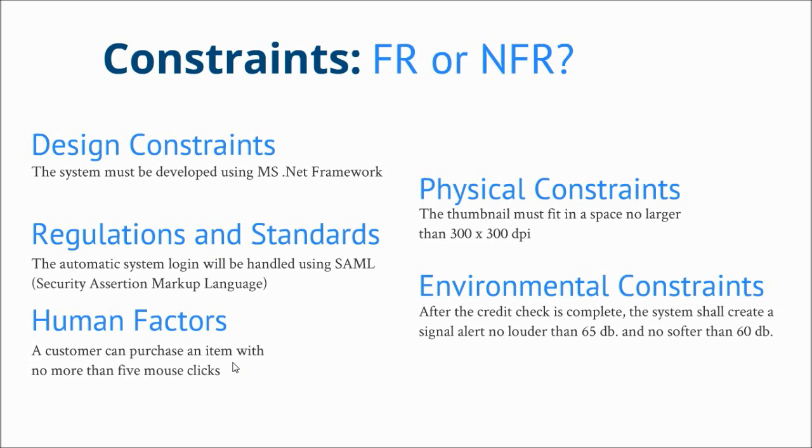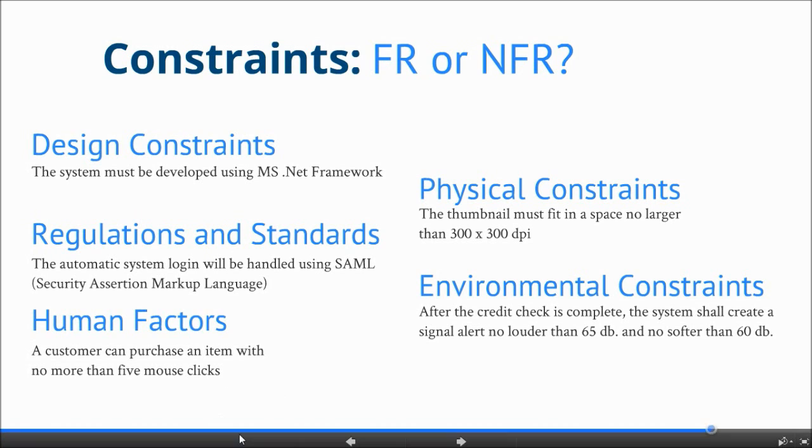We said, okay, this is going to take 33 mouse clicks. That was way back when, but we needed to bring that down to less than, I don't remember the number, I think less than 10. That's part of making it easy, efficient, and intuitive. So these are human factors that we can consider as constraints.